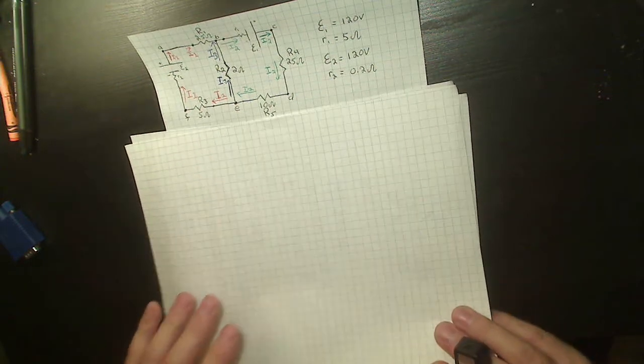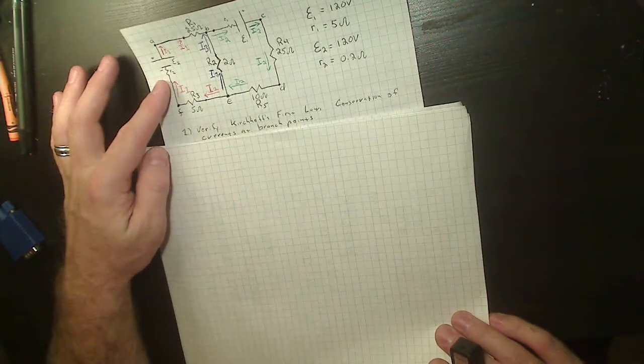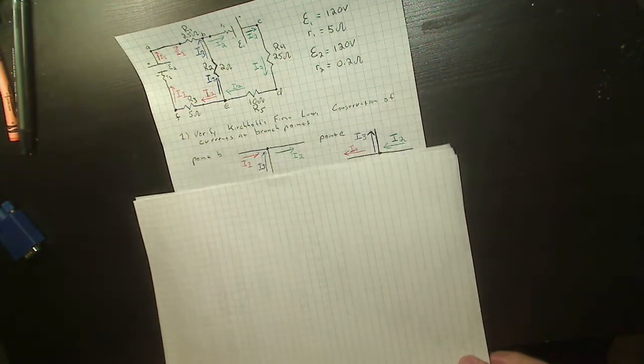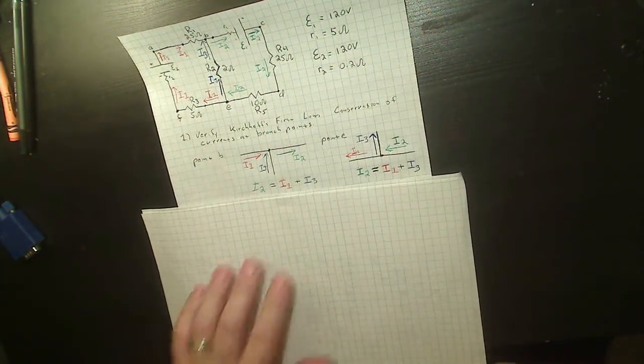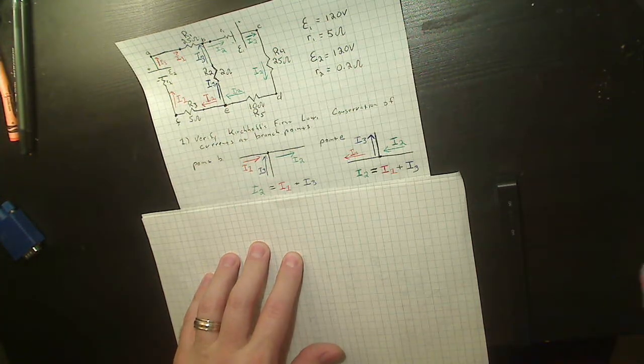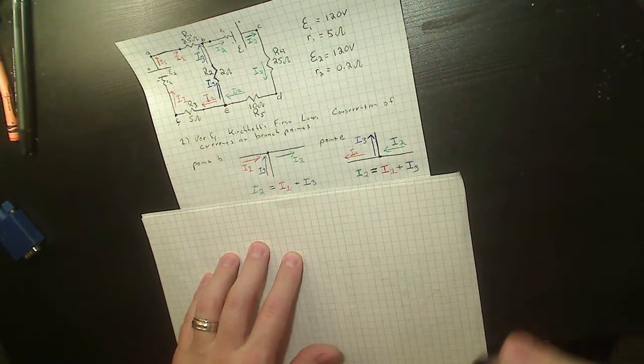And so the first thing to do is we're going to check to verify Kirchhoff's first law, which is conservation of currents at branch points. So I've done that down here, where I have taken branch point B and redrawn it, and branch point E, and redrawn it.